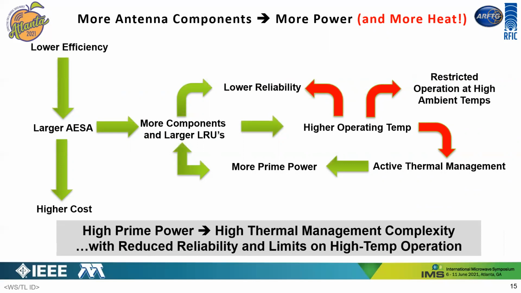So if not properly managed, this can lead to higher operating temperatures, which can in turn lead to lower reliability, higher junction temperatures, and/or restricted operation at high ambient temperatures. Management of these higher heat loads often requires separate active thermal management. That could be forced air cooling, liquid cooling, heat pipes, etc., which can further exacerbate the prime power demands.